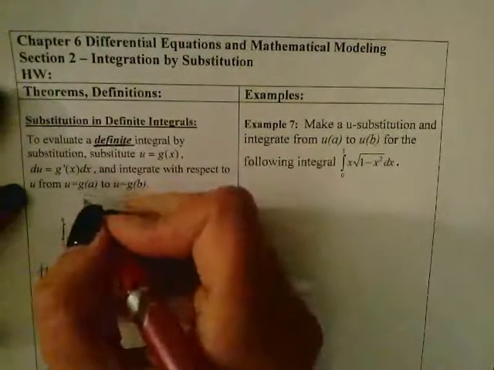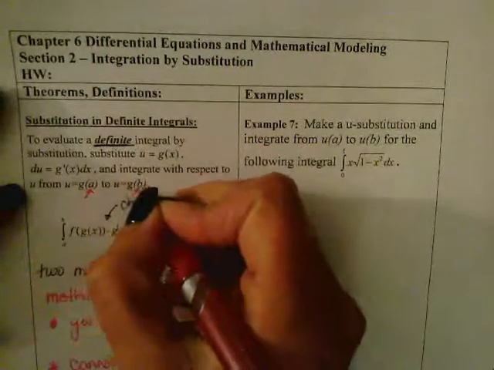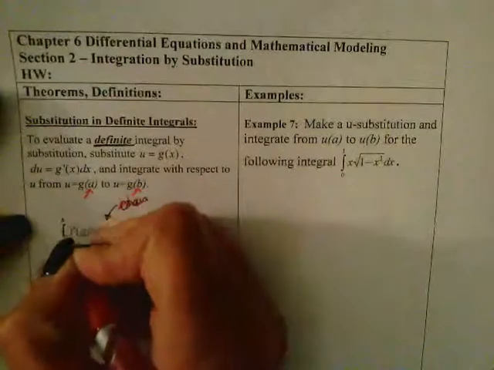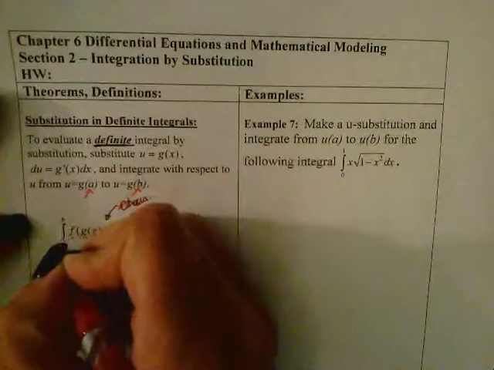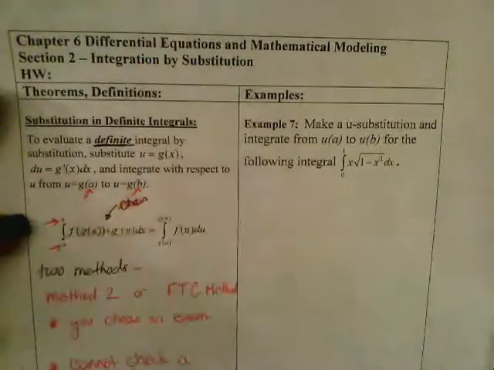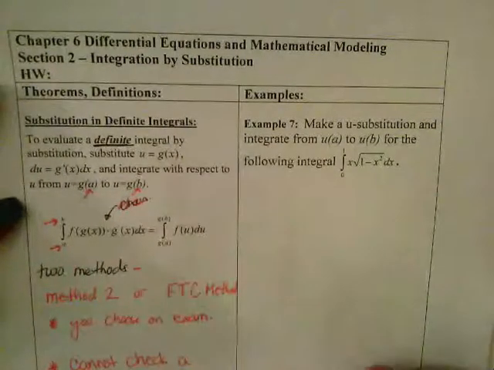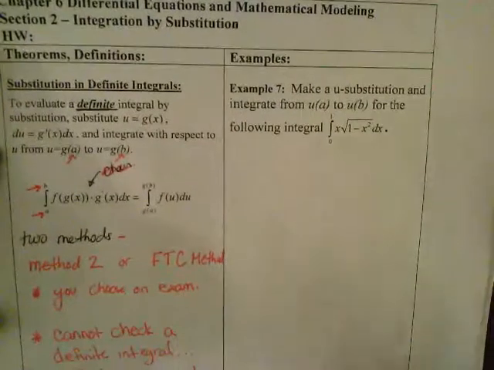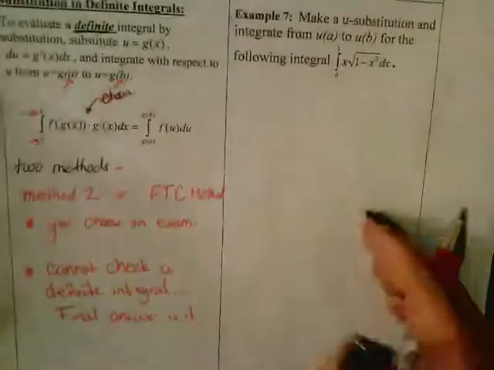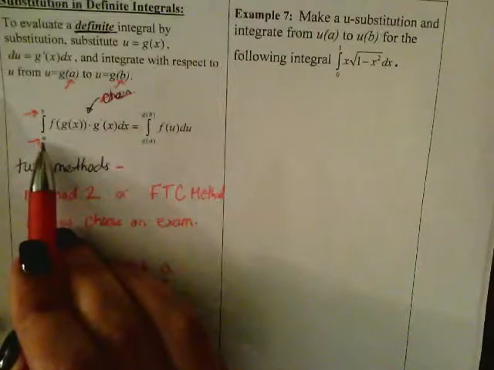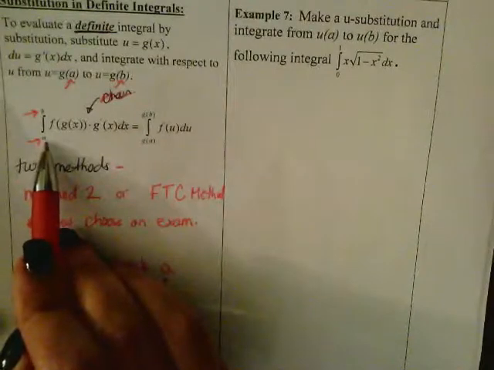Now a and b are your lower and upper bounds. So I'll explain that method. This is basically using the fundamental theorem of calculus method. There are two methods for solving a definite integral using u substitution.